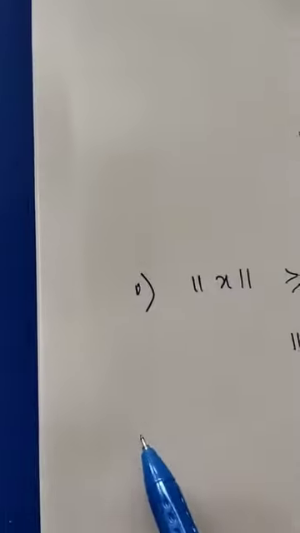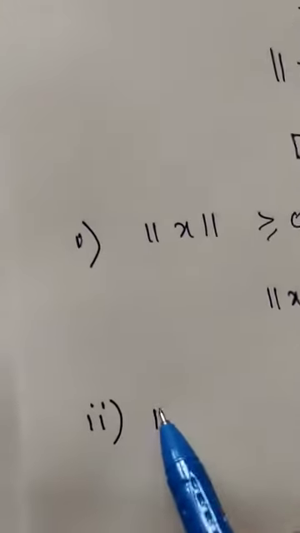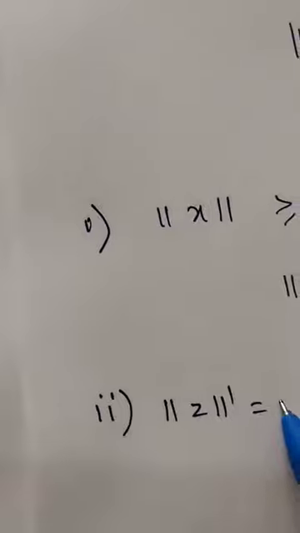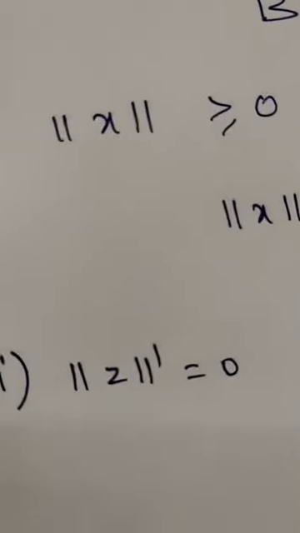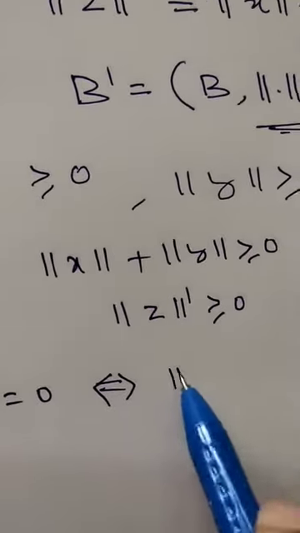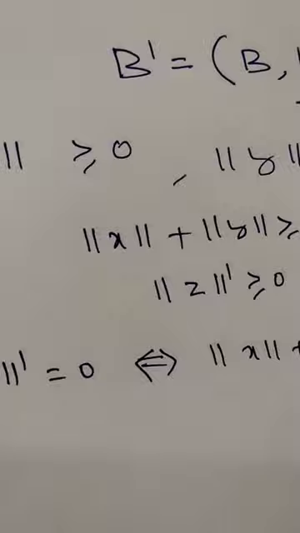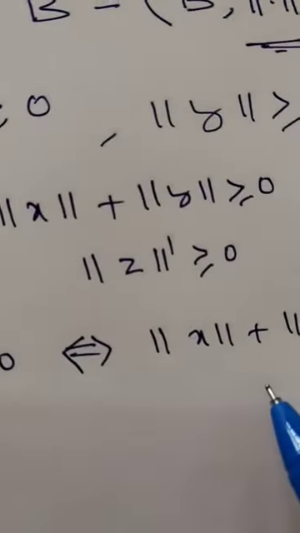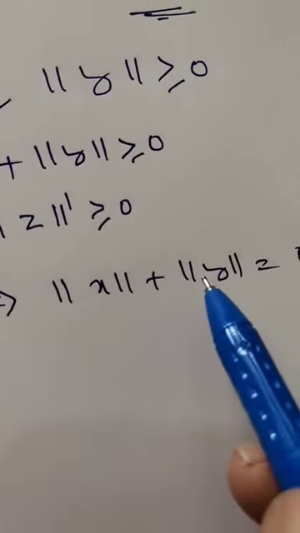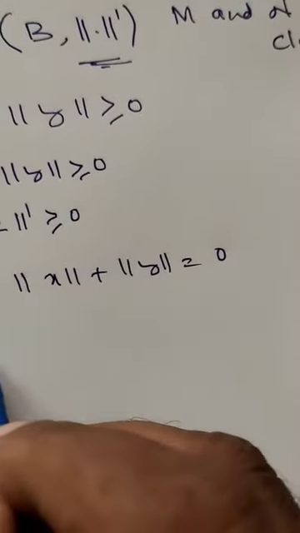Second one, suppose norm of Z with respect to the second norm is 0. This happens if and only if norm of X plus norm of Y is 0. Norm of X and norm of Y are both non-negative, so their sum being 0 means each must be equal to 0.